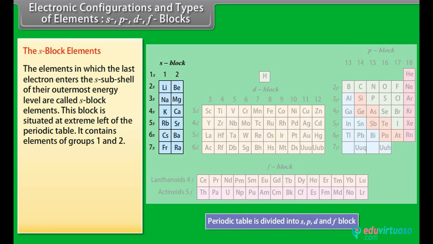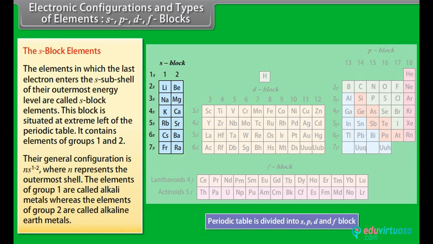This block is situated at the extreme left of the periodic table. It contains elements of group 1 and 2. Their general configuration is ns1-2, where n represents the outermost shell. The elements of group 1 are called alkali metals, whereas the elements of group 2 are called alkaline earth metals.